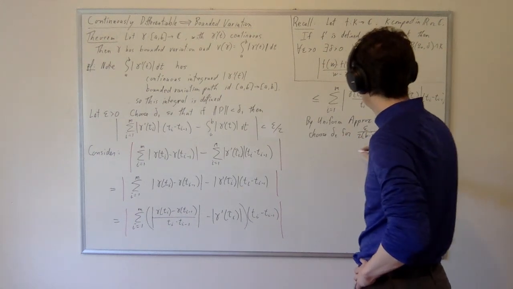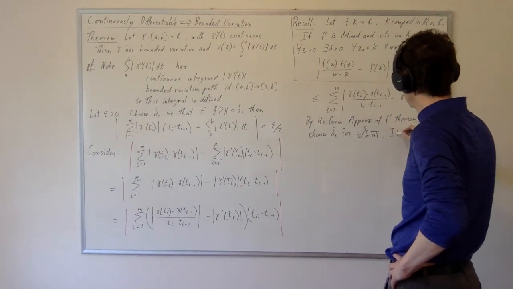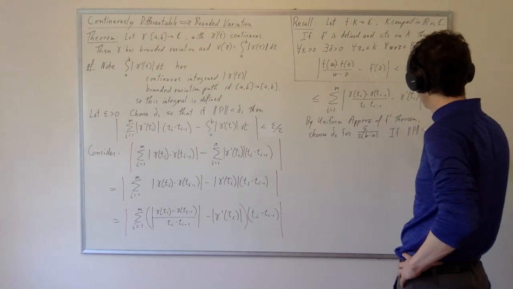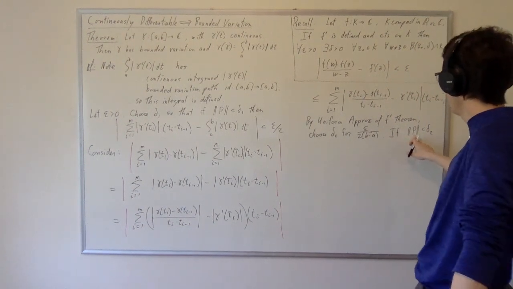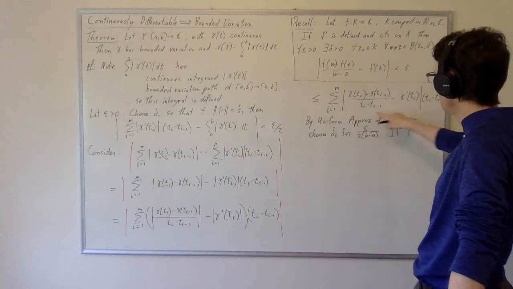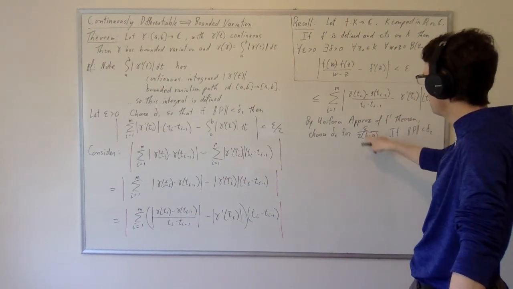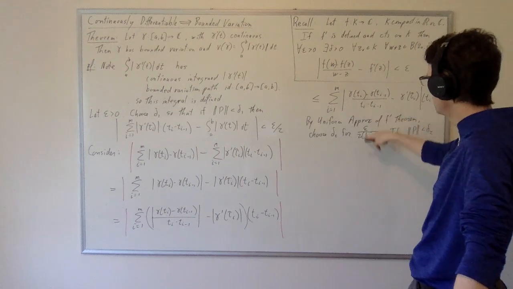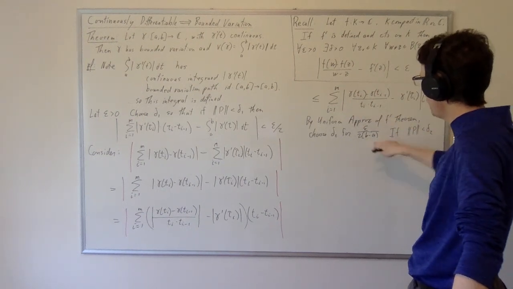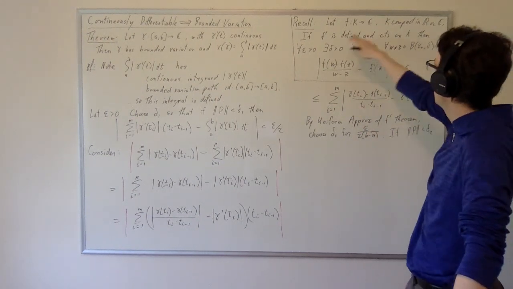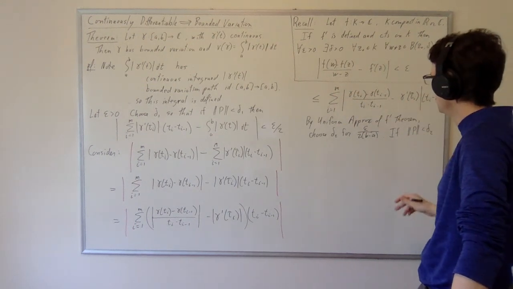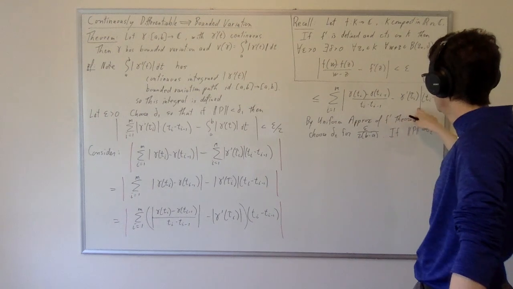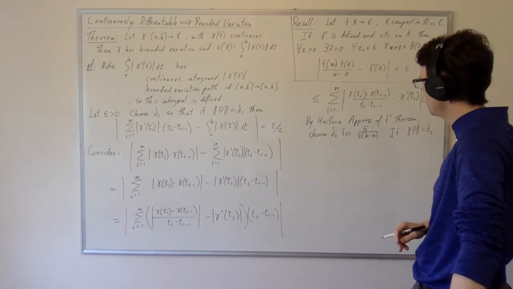And so if the partition norm is less than that delta 2, then what will happen? Well, the taus will be between the Ti's. The Ti's will be no farther apart than this. The taus' distance from the Ti's will be no more than this. And so all of this stuff here actually will apply to the taus and the Ti's. And so this thing will indeed be controlled to be less than epsilon over 2 times b minus a.